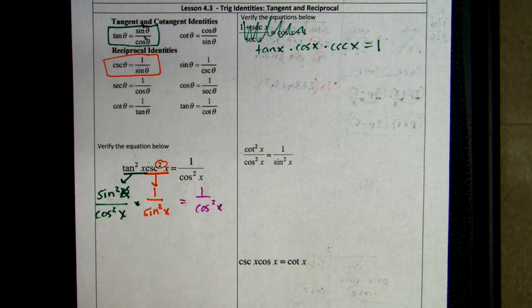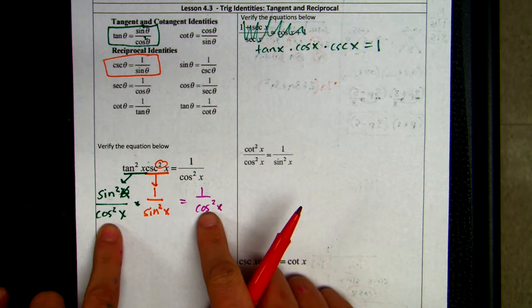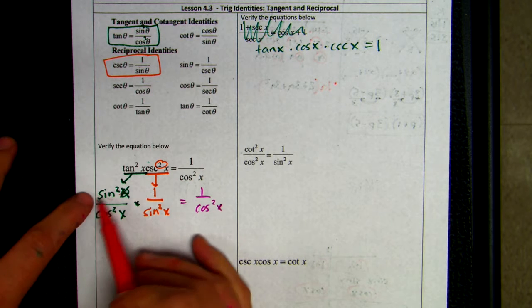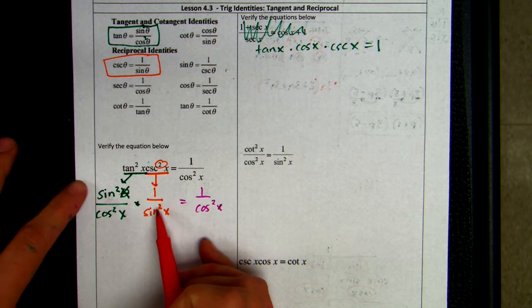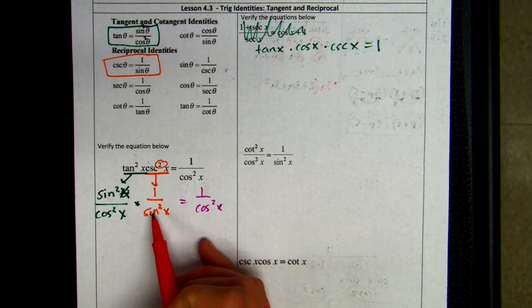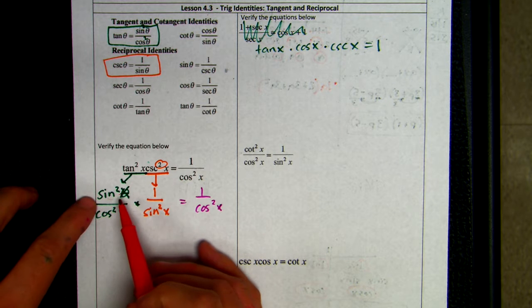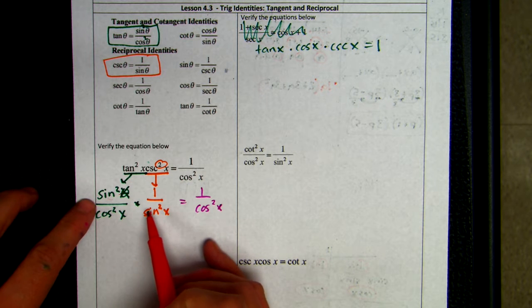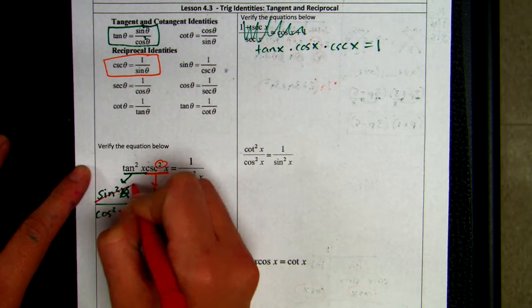From here, I look at what can cancel out, because at this point, I've got sine in common and I've got cosine in common. Well, I see that I've got a sine on the top of this fraction being multiplied by the next fraction where sine is on the bottom. If I have sine squared of x on the top of the fraction, it can cancel out with sine squared of x on the bottom of the fraction, so these will cancel.